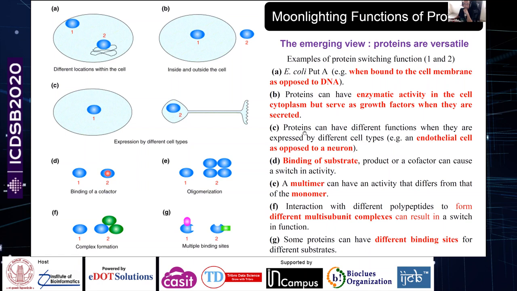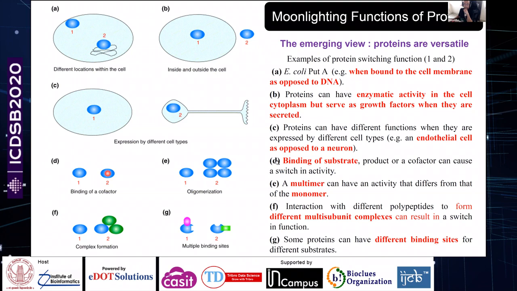The protein in C has a different function when it is in an endothelial cell as opposed to a neuron. Similarly, if you have a different substrate bound, proteins can switch activity. If the multimer or a monomer in different oligomeric states, it can have different function. Similarly, different complex formations and different binding sites.